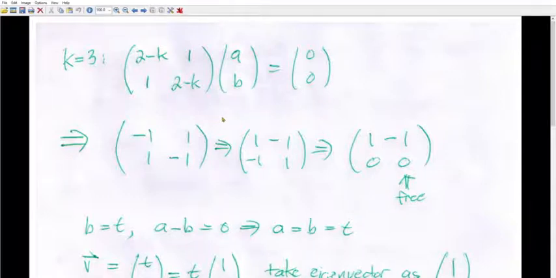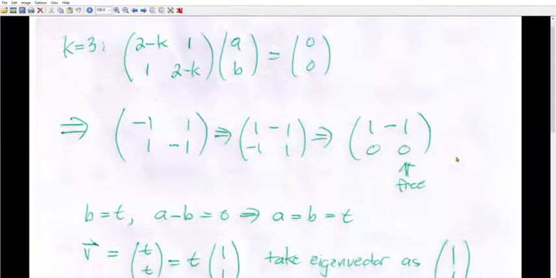Now, just because I'm picky about these things, I'm going to switch the rows so that there's a 1 in the first position. And now you can just add row 1 to row 2, and you get this matrix, which is in reduced row echelon form.